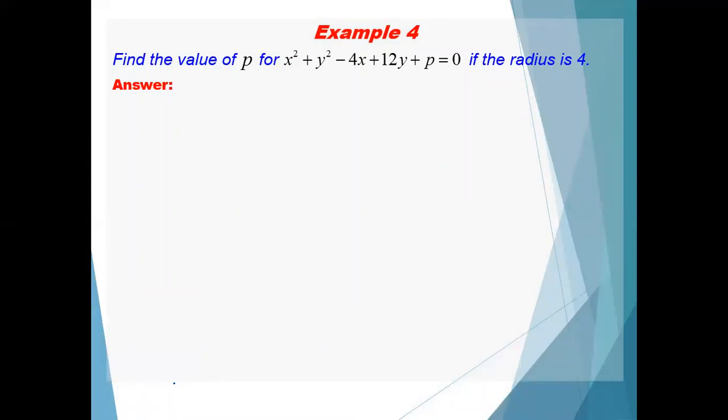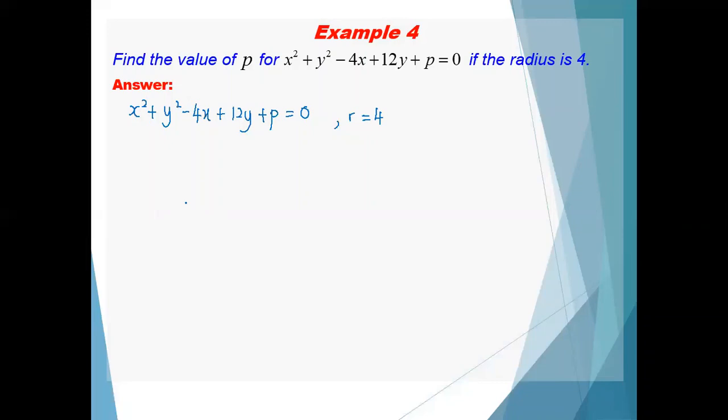Find the value of P for x squared plus y squared minus 4x plus 12y plus P is equal to 0 if the radius is 4. Okay, so you have x squared plus y squared minus 4x plus 12y plus P is equal to 0, where the radius is equal to 4.